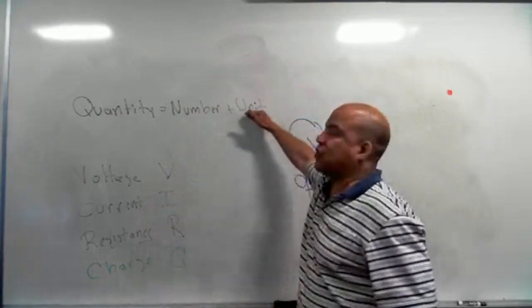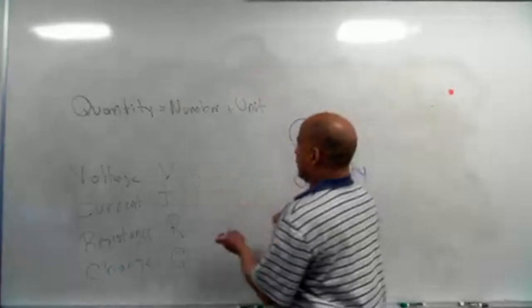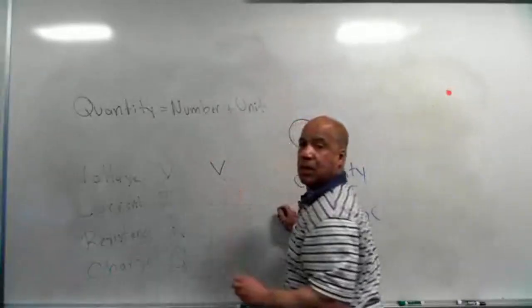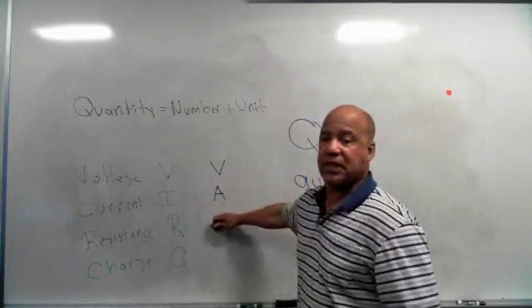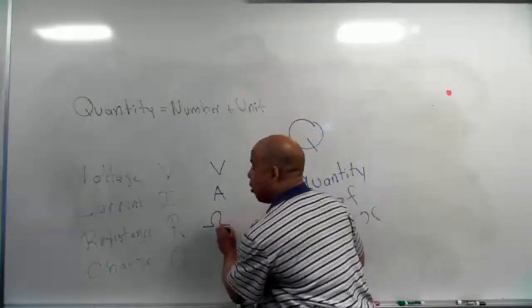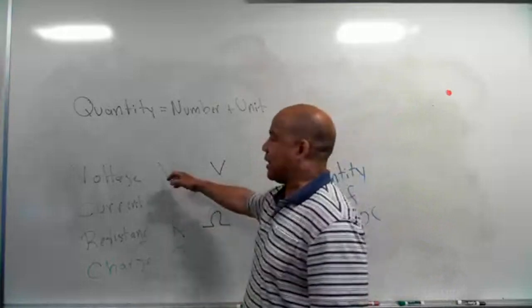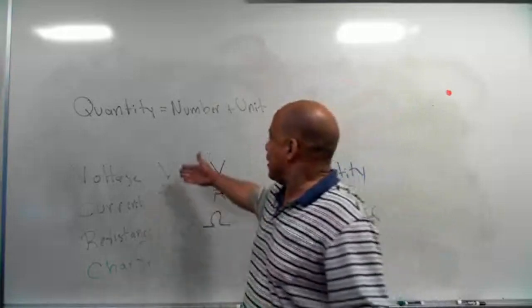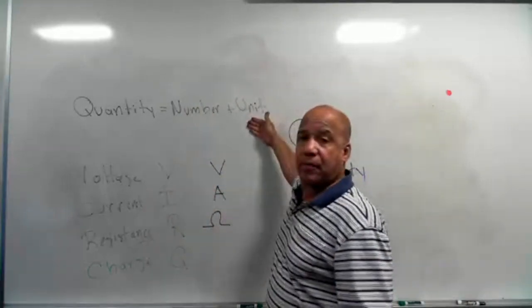But I also use letters to represent the unit. For example, the unit of voltage is the volt. The unit of current is the amp. The unit of resistance is the ohm. And it can be confusing sometimes. If I put a letter on the board, am I talking about the letter that represents the number? Am I talking about the letter that represents the unit?